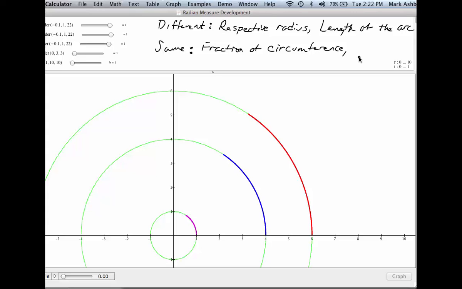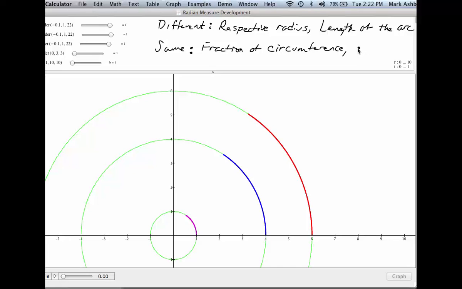Is there some angle that's kind of emerging when we draw these three arcs? Do you see an angle emerging from that? Yes. Right, and so is the angle openness the same for all three? No, it gets bigger. The openness gets bigger. No, it's the same. What do you think?